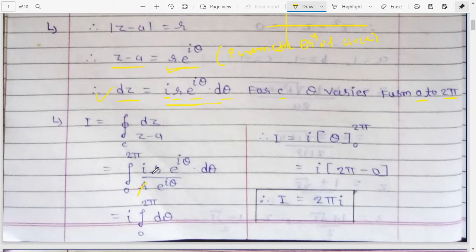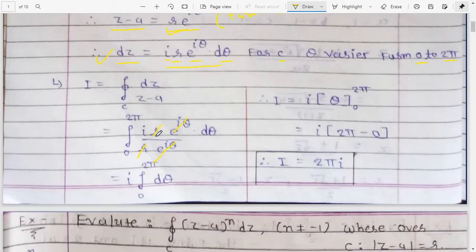So r cancels out, e raised to I theta cancels out. So remaining, I is constant, integration 0 to 2 pi of d theta. So the integration I is equal to I into 1 into d theta.